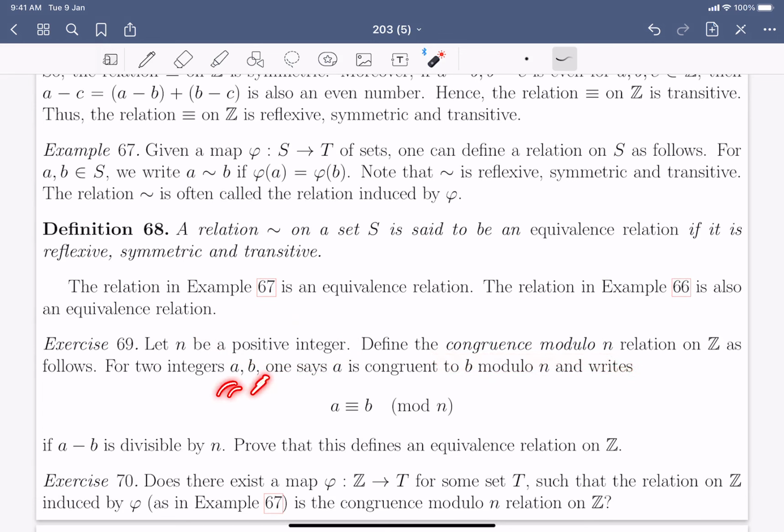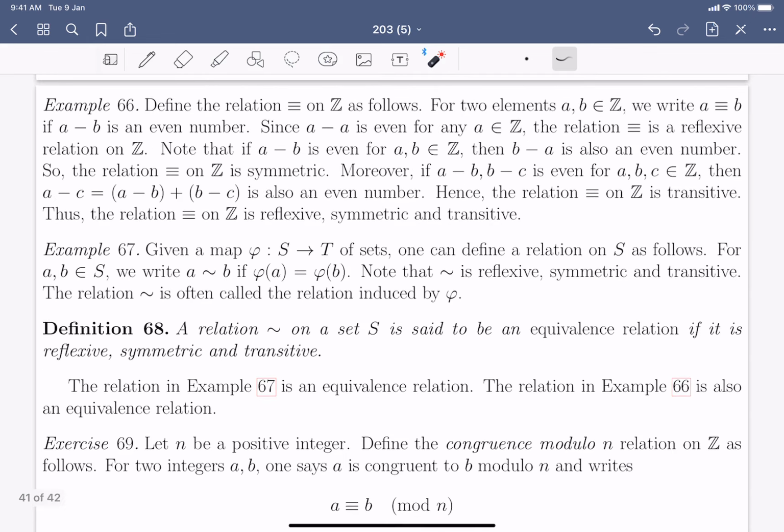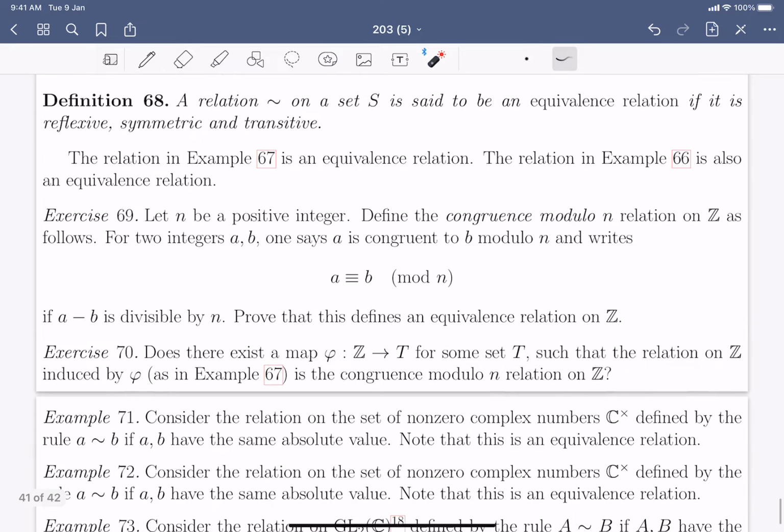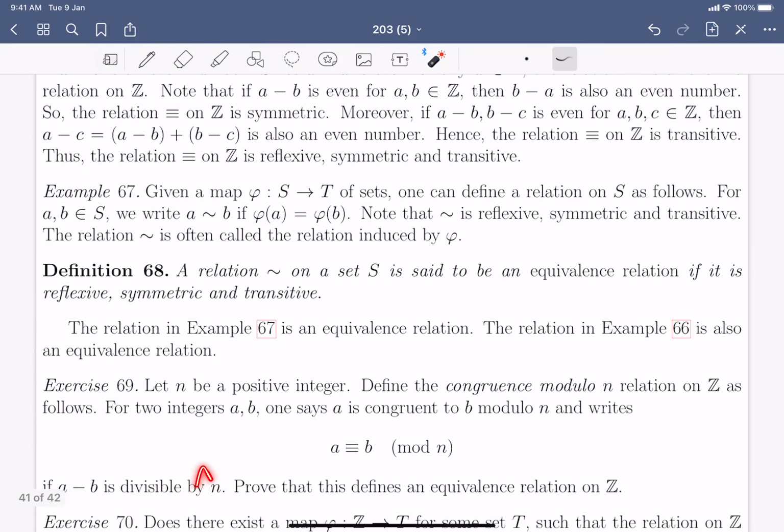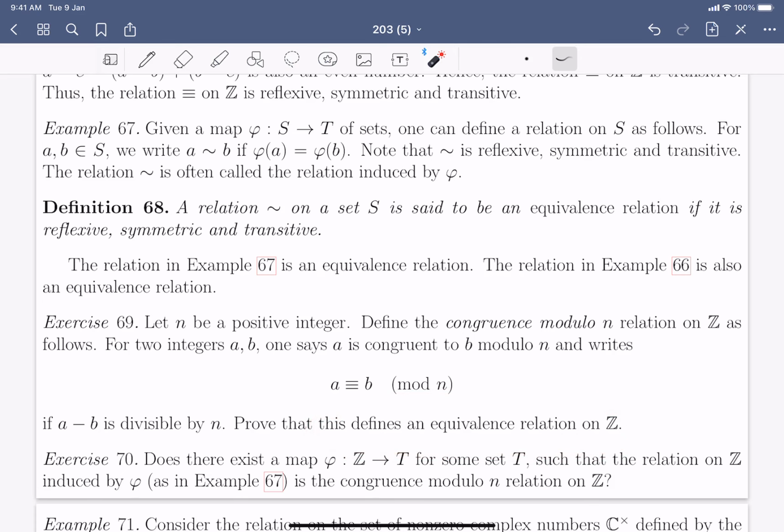You take two integers a and b, and one says that a is related to b, or a is congruent to b modulo n, and one writes a ≡ b mod n, if a minus b is divisible by n. Here we had been focusing on the situation that a minus b is an even number. In other words, we had n equal to 2 in this example. So now the task is to show that this defines an equivalence relation on Z.